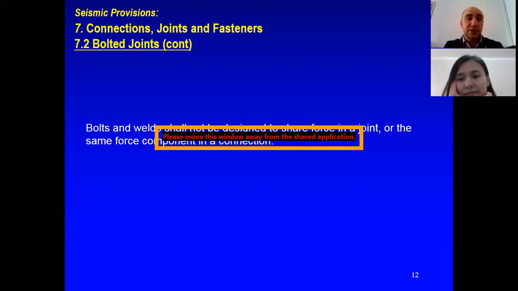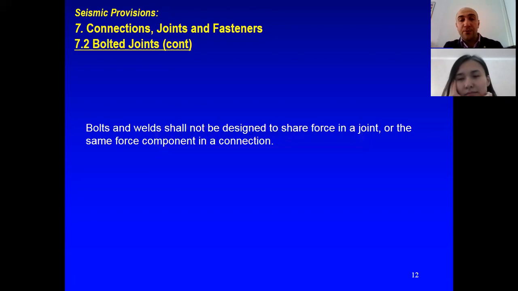Bolted joints in general are more flexible and require some deformation to occur before the resistance is fully developed. Because of this stiffness mismatch between bolted and welded joints, they don't share forces in a predictable manner.